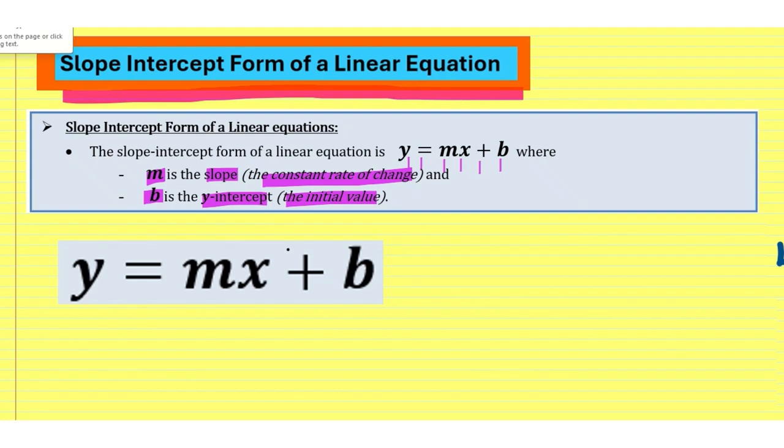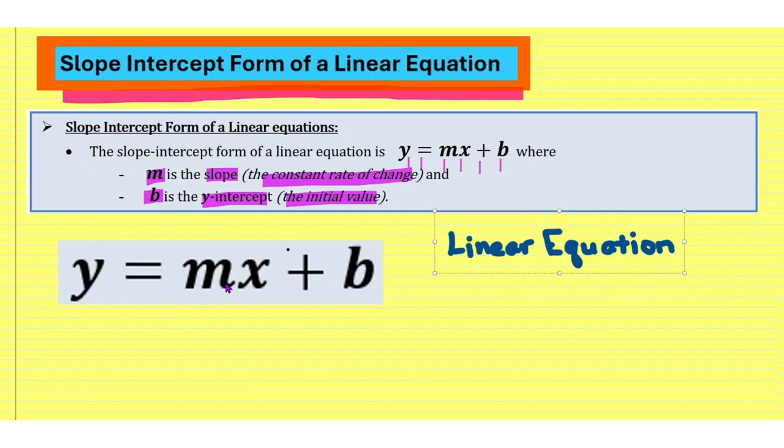But before we go on in this video, I need to make sure that we think about a couple of things going forward. This is a linear equation, but what identifies it as a linear equation? Even if it's not in this form, y equals mx plus b, where there will be a number right here at the m position, there will be a number at the b position. Those will be numbers.